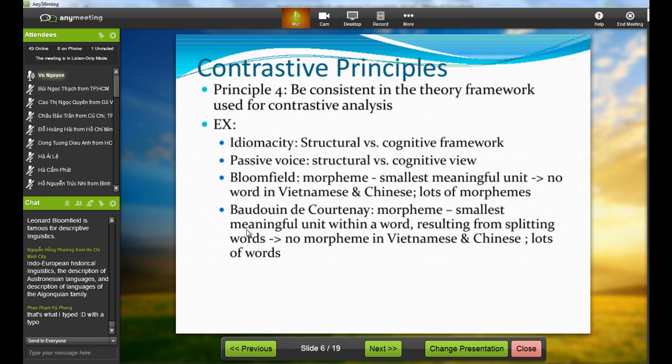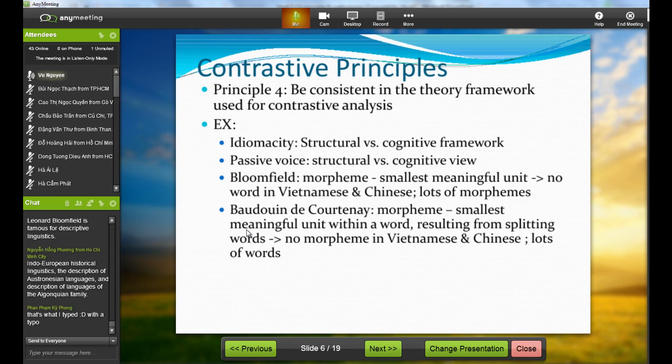Let's come back to the example I have just given, ngày mai tôi đi học. With ngày, for example, you cannot split it into any smaller unit, so you do not have any derivative morpheme. Mai is similar, you cannot split it into smaller units, so you cannot have any morpheme that derives from the word. So we have only words. We have thousands, millions of words, and we do not have morphemes.